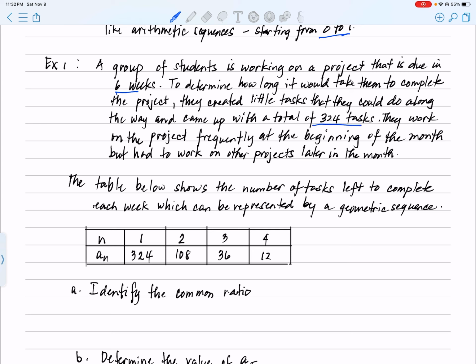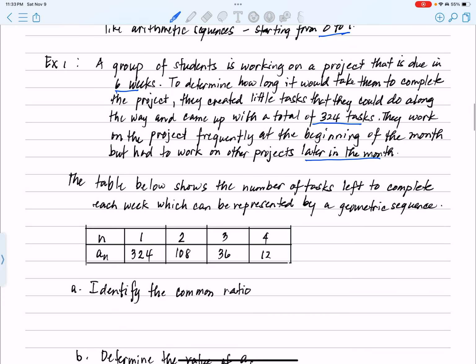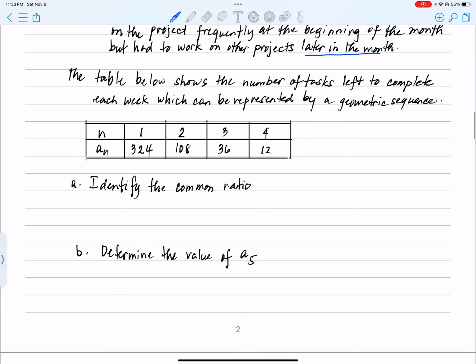They work on the project frequently at the beginning of the month, but had to work on the project later in the month. So the table shows the number of tasks left to complete each week, which can be represented by a geometric sequence. All right, you have the table here.